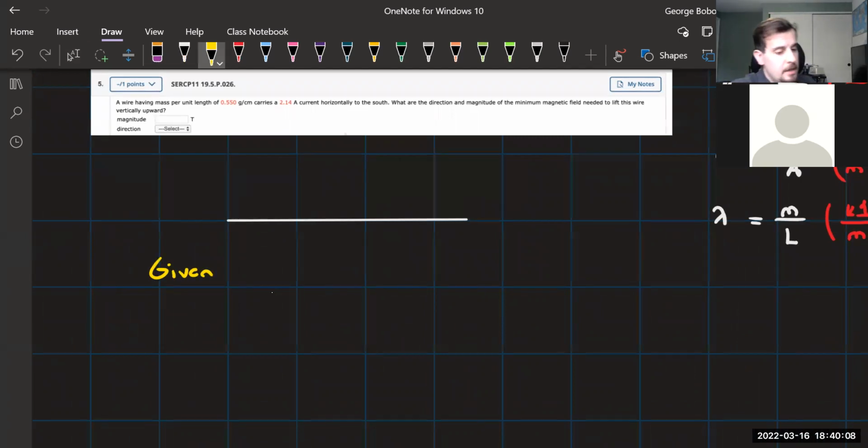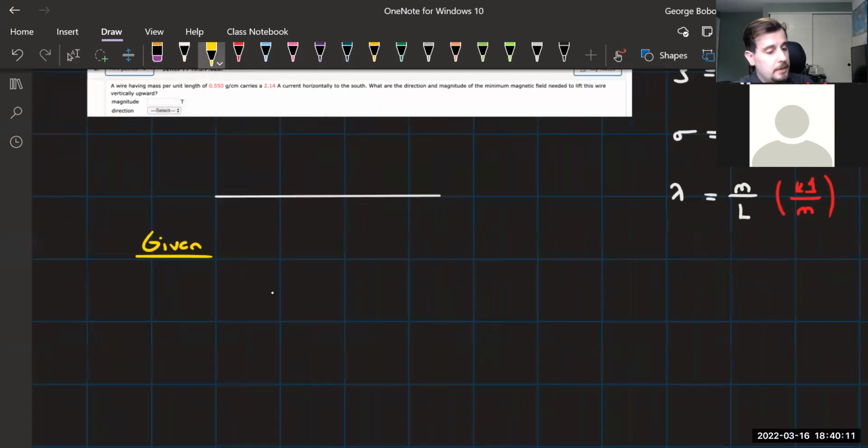There we go. So we're being given the mass per unit length. It says, and I might want to convert that because the units are terrible, 0.55 divided by 1,000, okay? That is 5.5 times 10 to the negative 4 kilograms per meter.